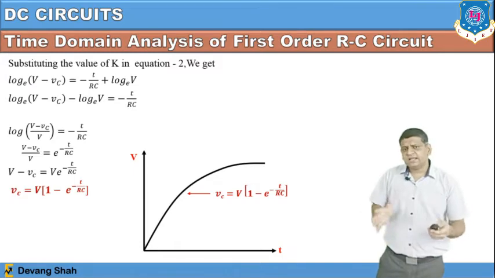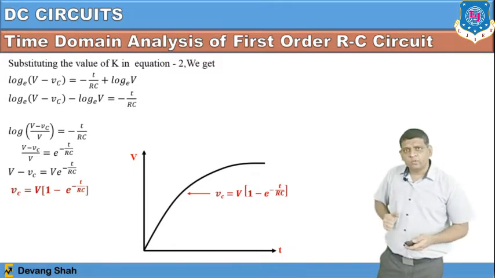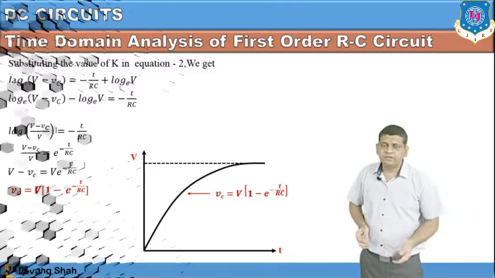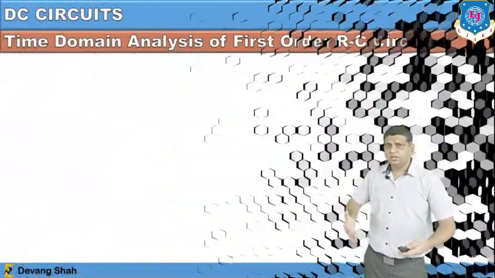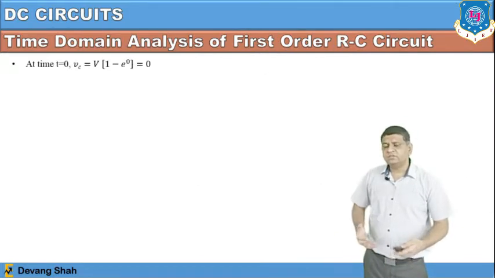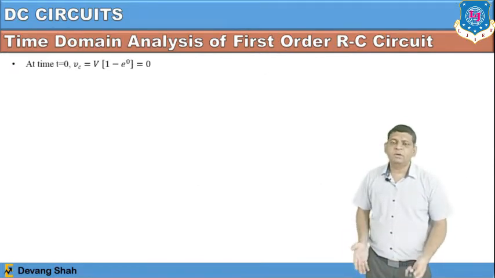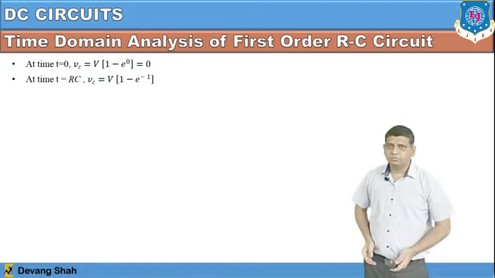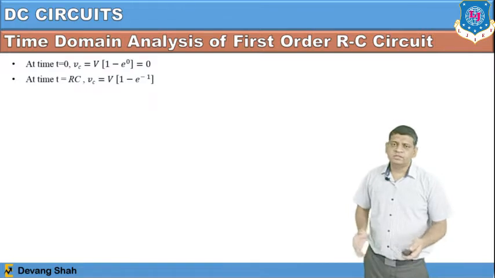Now, let's analyze this important equation in terms of the graph. I can take different values of time. Let's say I take time t equal to 0. In this case the voltage drop across the capacitor is equal to 0, so you can put it in this graph.